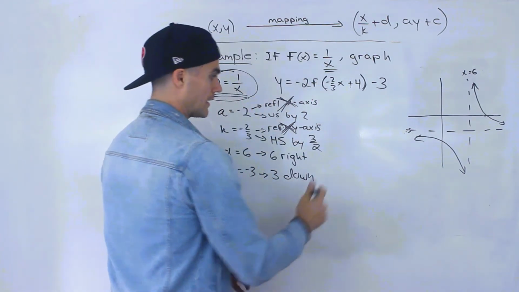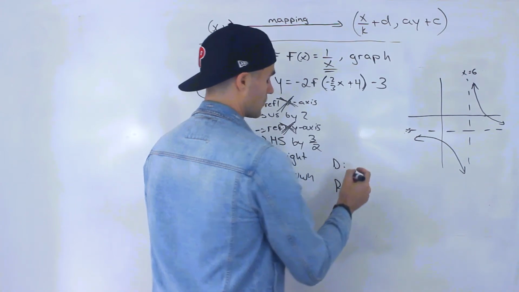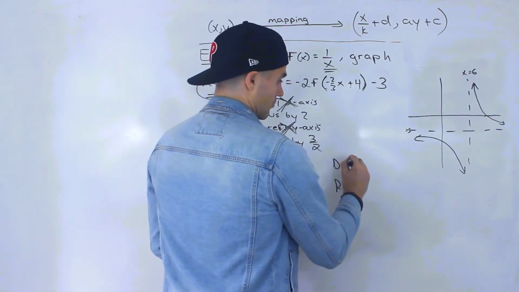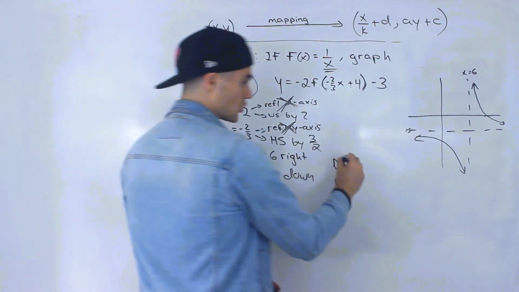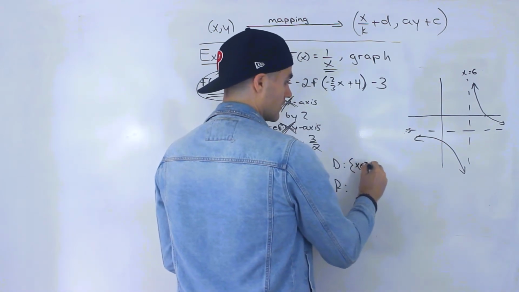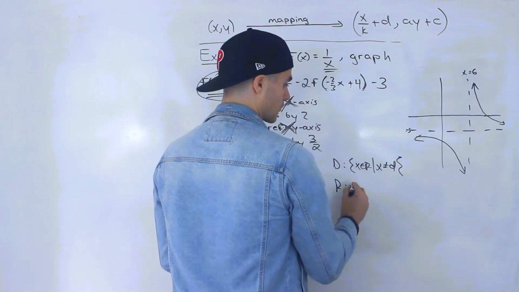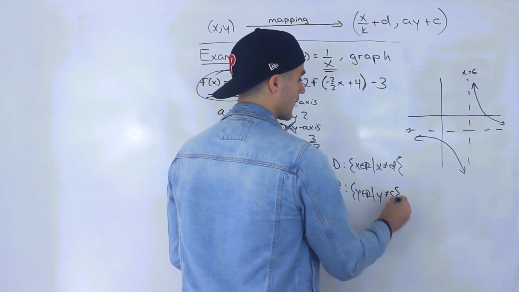Now, the domain and range, actually, you know what? What I'm going to mention for the domain and range, in particular, for 1 over x, when it gets shifted, the domain is always going to be x is an element of the reals, x cannot equal the d value. And the range is always going to be y is an element of the reals, and y cannot equal the c value.